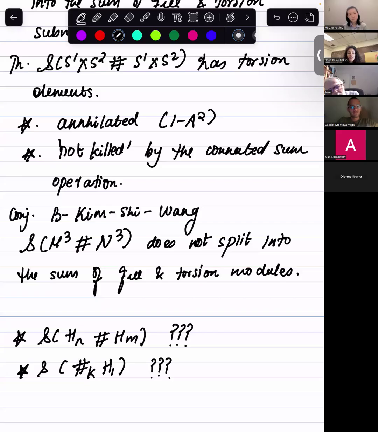I think Renaudet, Cherry, and Belletti improved this a little. They were able to show it for one RP3 connected with another lens space, which is not RP3. Yeah, so closer and closer, but just knowing whether torsion exists or not is not enough. You need to know the exact structure, because as we saw, you can have torsion and still not have this decomposition.